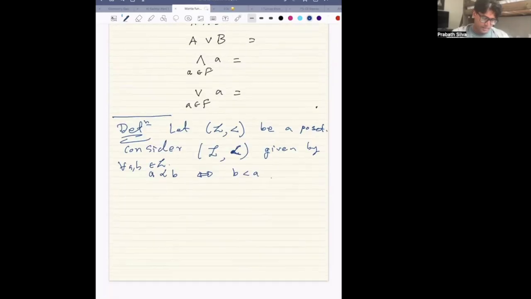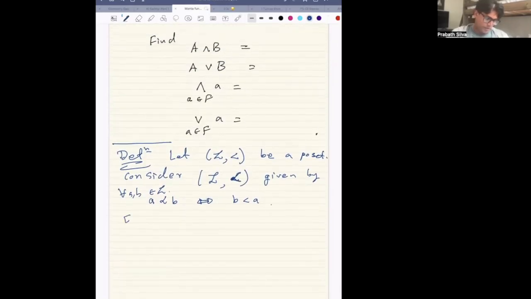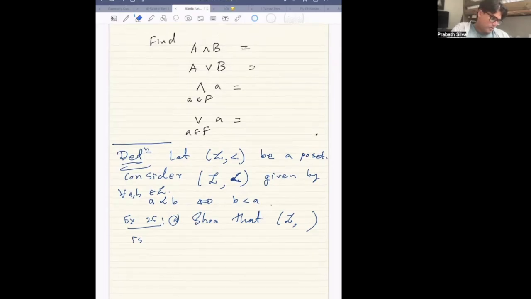Let's call it exercise 25. Part A, show that this is a partially ordered set, a poset.